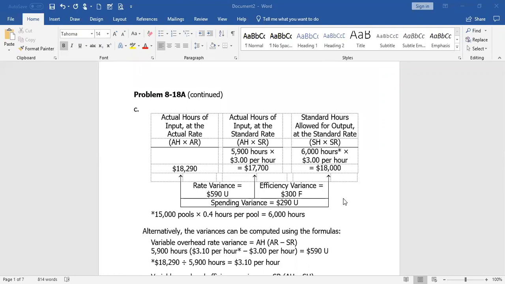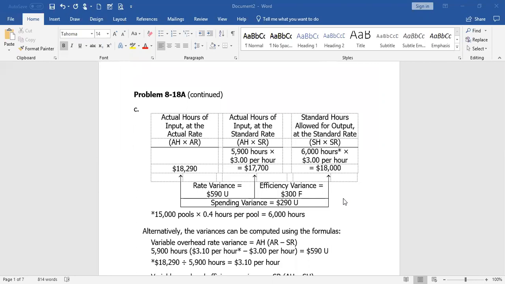Now let's see the efficiency side. The actual hours used were 5,900. The budgeted hours are 6,000. Well, you needed to compute that. 15,000 pools were produced. Variable manufacturing overhead is measured in 0.4 hours.